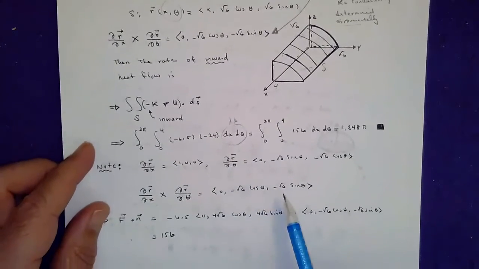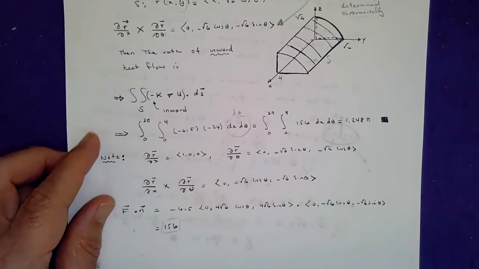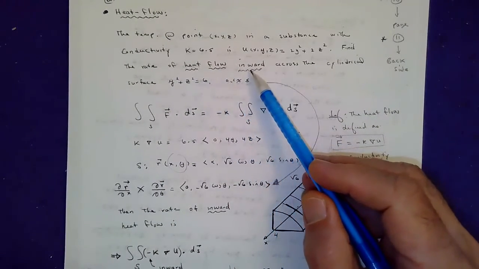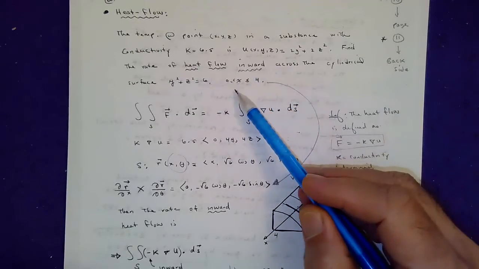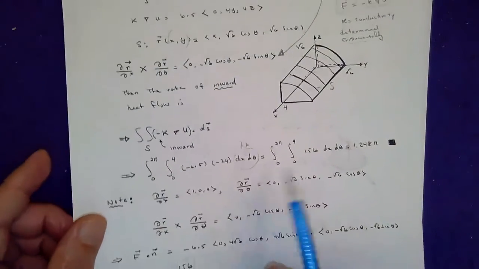When you go through all this, you will end up with 156 units of the rate of the flow inwards across the cylinder, let's say so many degrees Fahrenheit per minute.